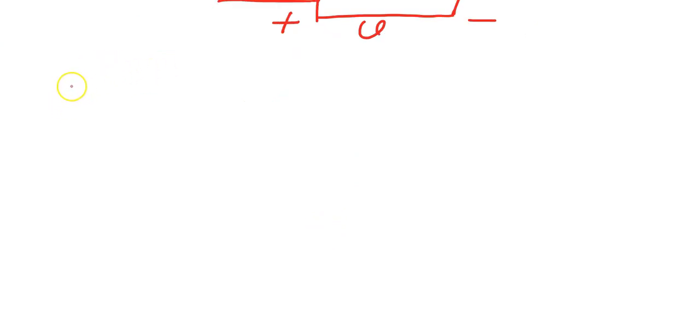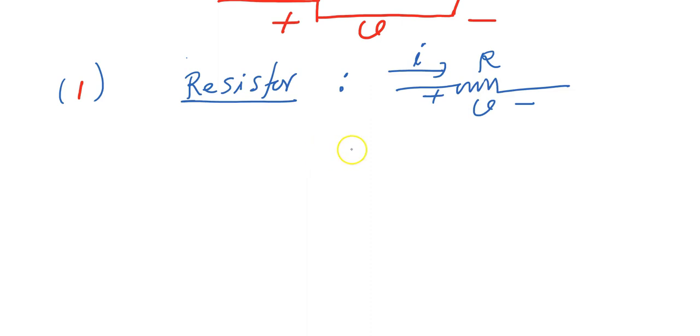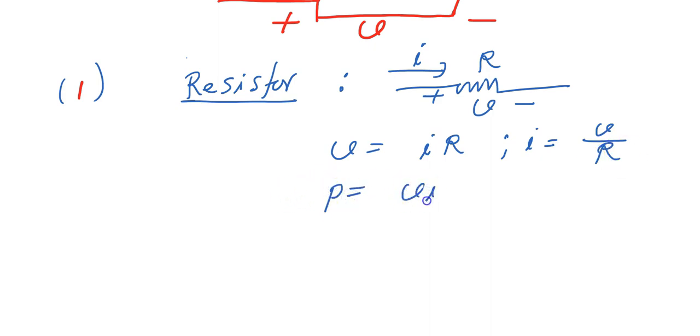So we'll discuss the basic elements. The first one will be the resistor. The voltage and current relations for the resistor are v = i × R and i = v/R. Power is equal to vi, the instantaneous power.